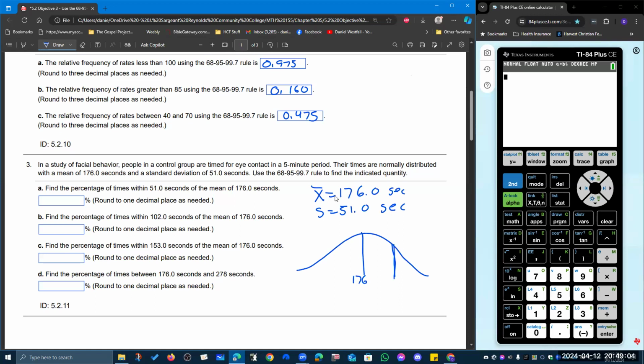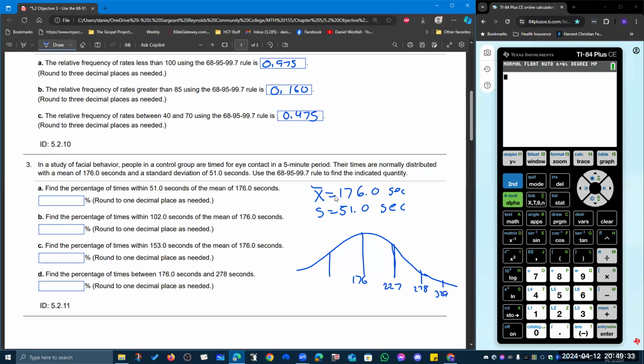176 plus 51 is 227, plus another 51 is 278, plus another 51 is 329. Then I'm going to go 1 to the left.